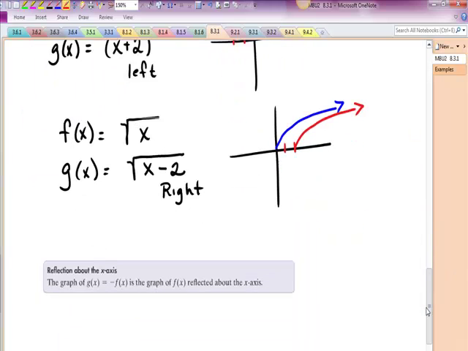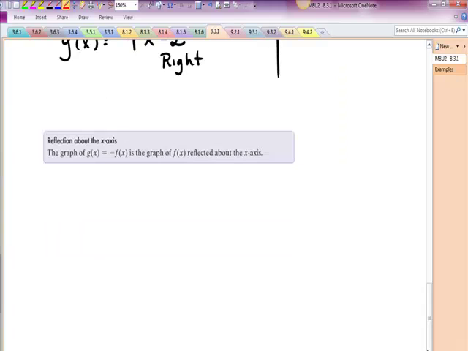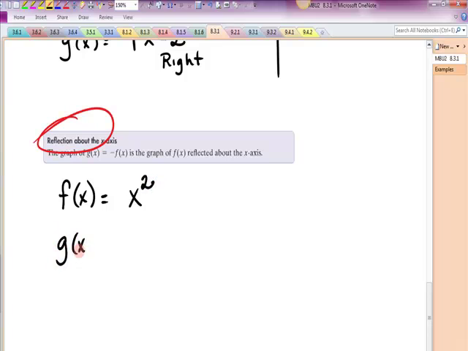There is one other kind of transformation, which is not a shift. It is a reflection about the x-axis. It says if the graph of g of x is equal to negative f of x, it is the graph of f of x reflected about the x-axis. All right, suppose you have f of x is equal to x squared, and g of x is negative x squared.